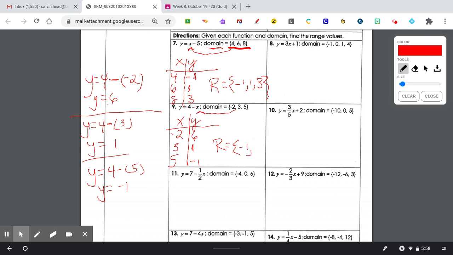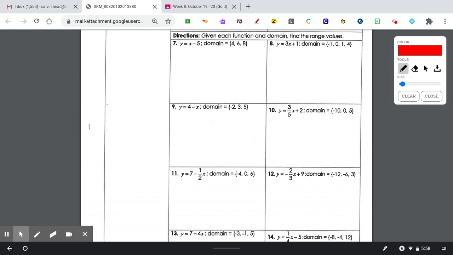So it's -1, 1, and 6. Least to greatest. Again, you'll just end up using your calculator for the fractions.